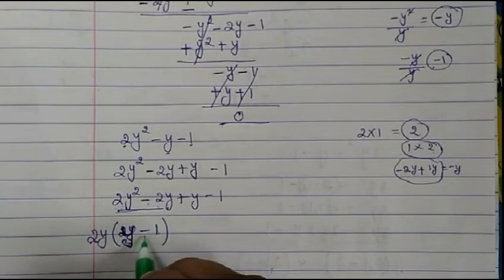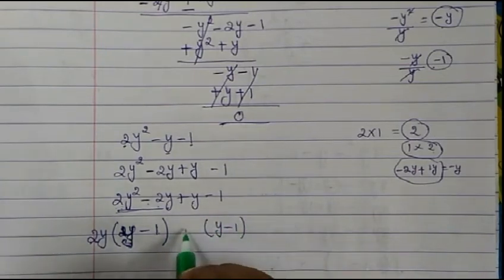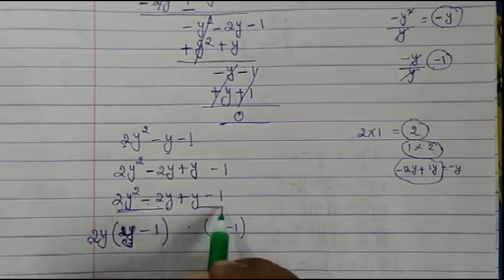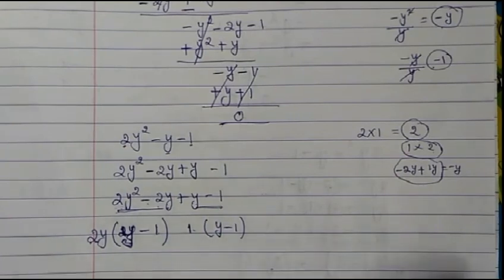Now what is left here: we have y minus 1. So let's write down the same thing, y minus 1. So now if we write down here, we will get the same thing in this pair. So what we will get? If we are writing 1, then 1 into y will get y. Then 1 into minus 1 will give us minus 1.